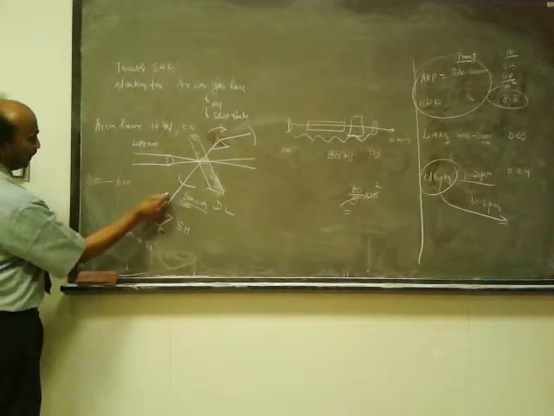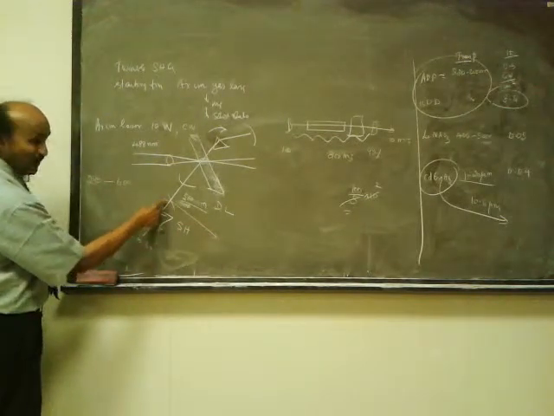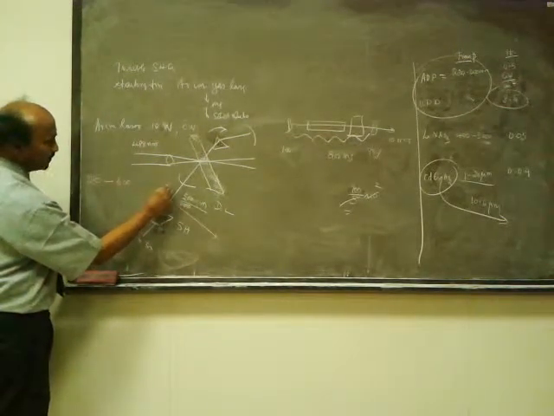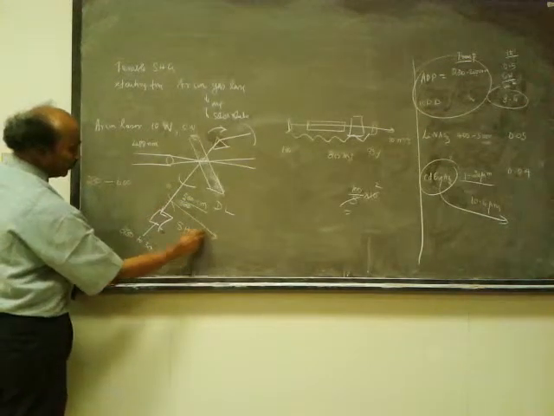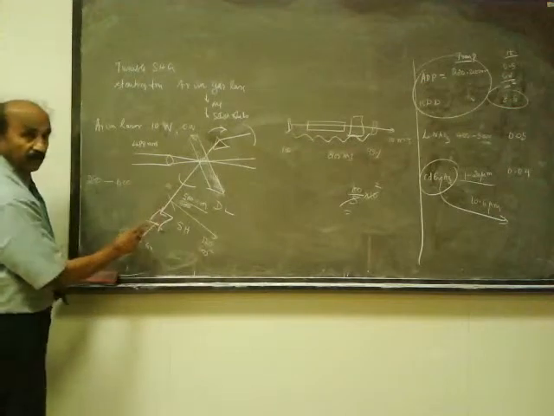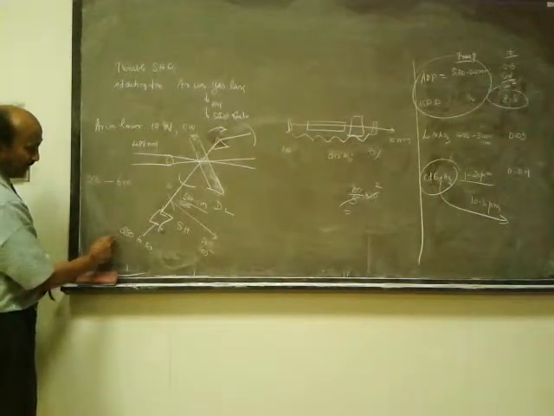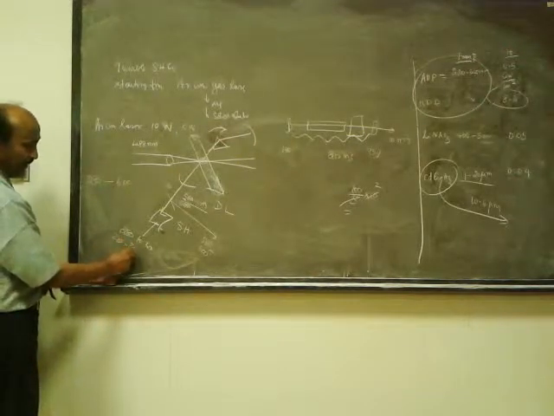How? If I put a mirror with 20% reflectivity, I will get a tunable laser from 560 to 600. If I send most of the light inside, I will get from 280 to 300.